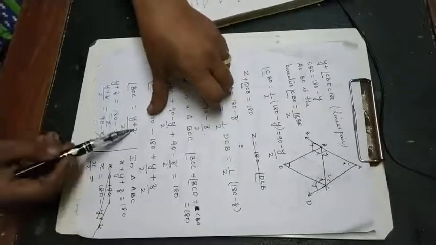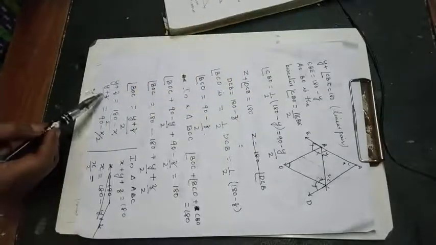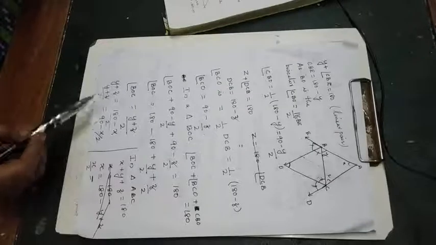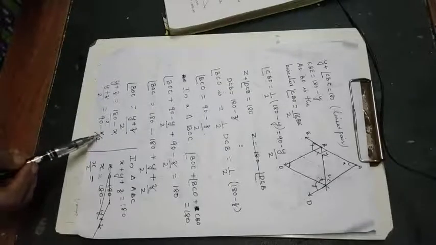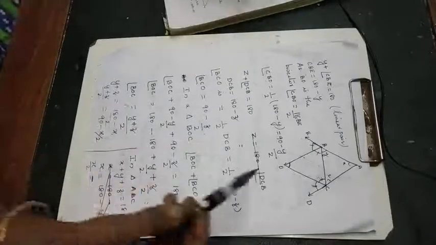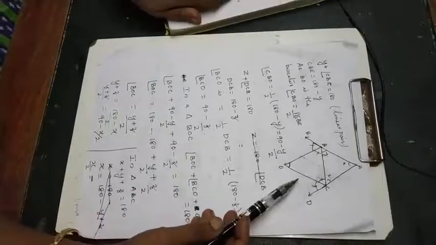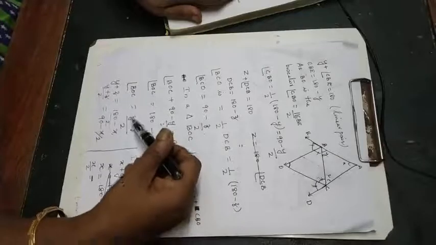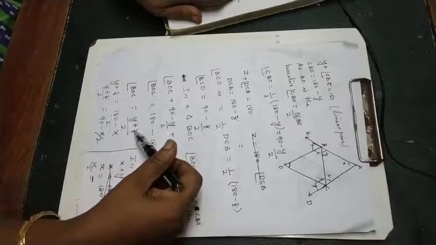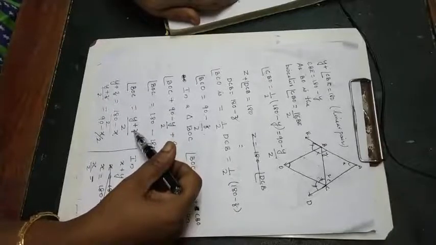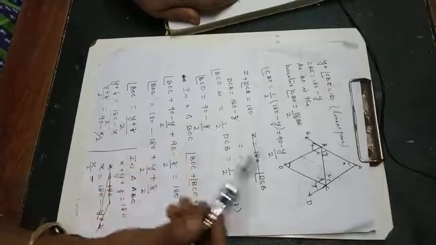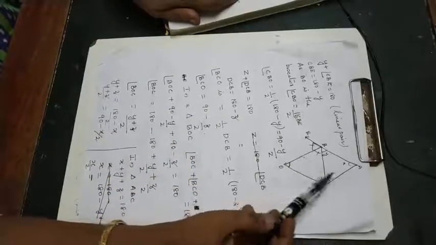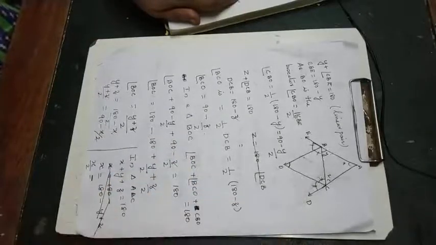So y plus z by 2 you got, that is equal to 90 minus x by 2. What is x by 2? That is equal to half of BAC.